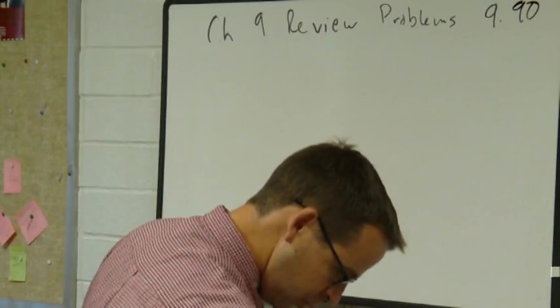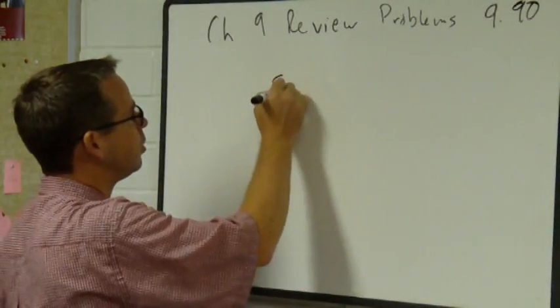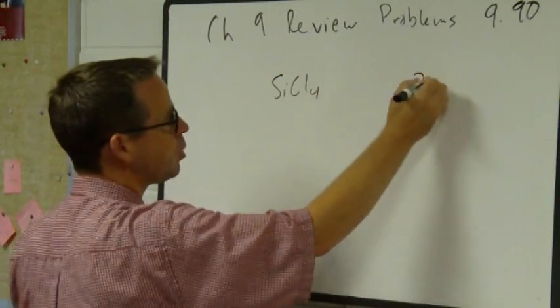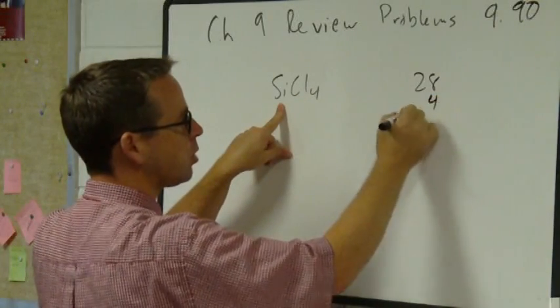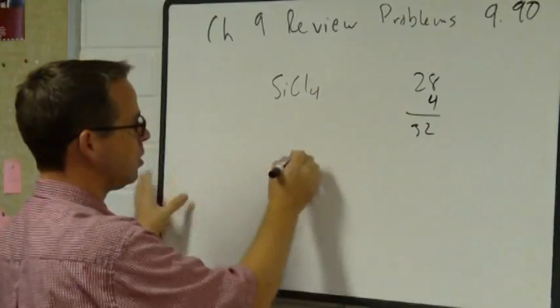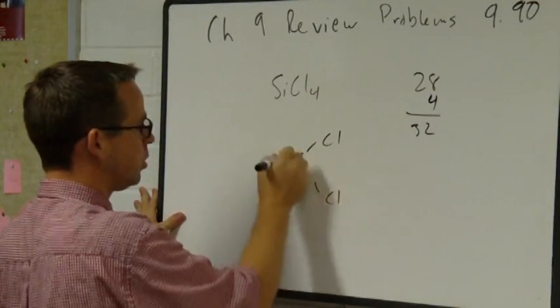Draw Lewis structures for SiCl4. 7 times 4, 28 electrons brought by these chlorines. Silicon brings 4 electrons. 32 electrons altogether. Silicon in the middle. Chlorine, chlorine, chlorine, chlorine.